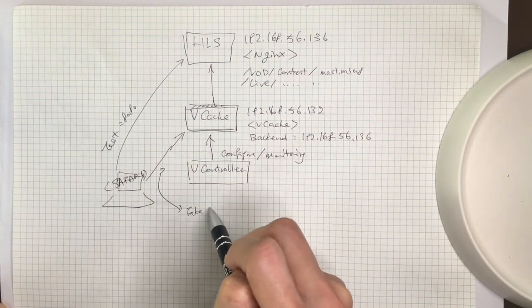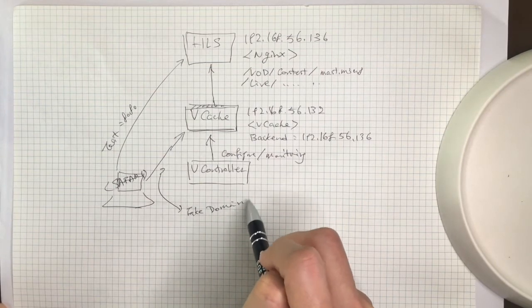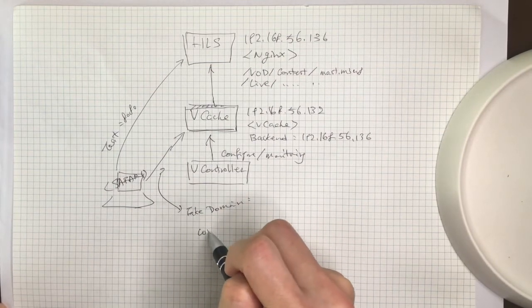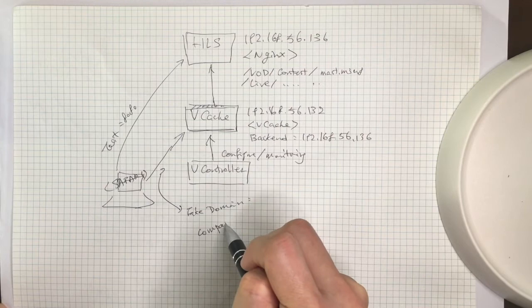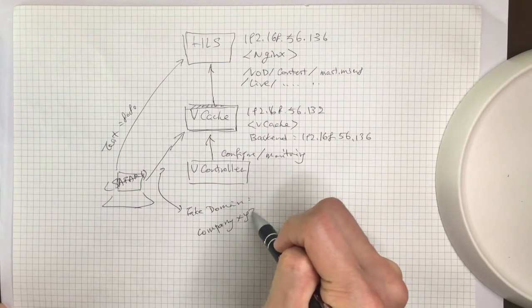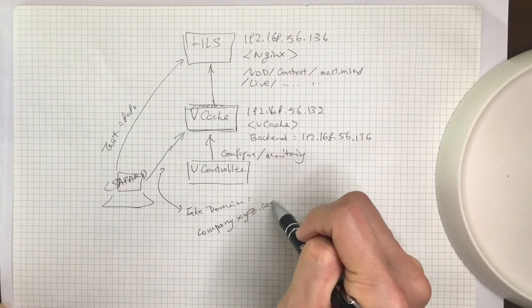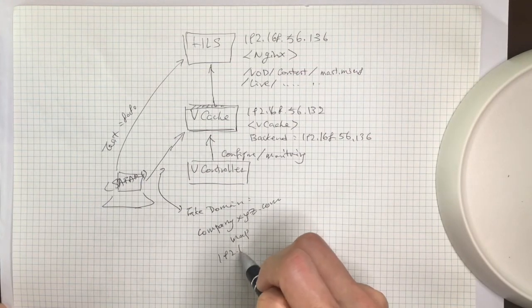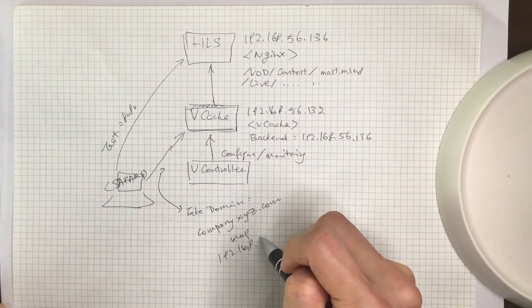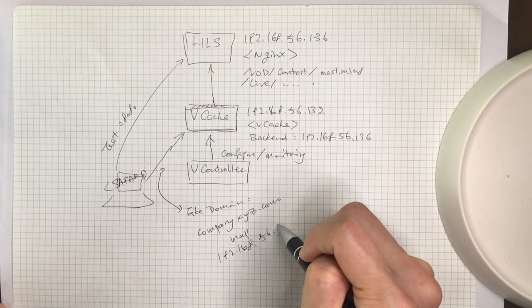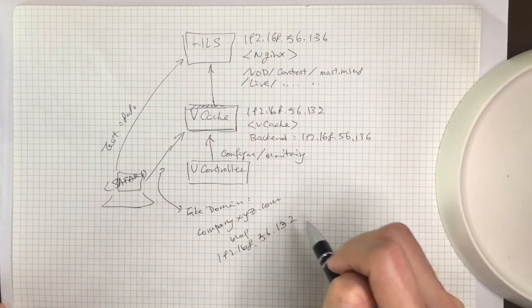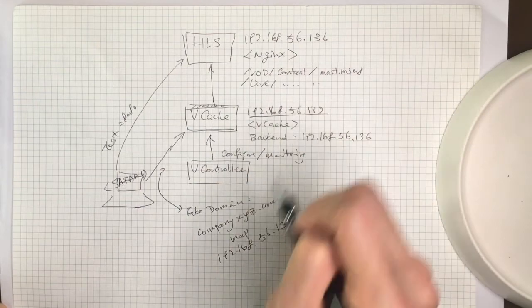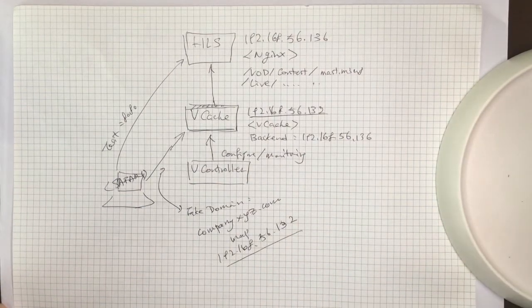But on this V-cache, we set up a fixed domain for this testing, which is companyxyz.com. And this domain is actually mapped to the V-cache IP address, which is 132.